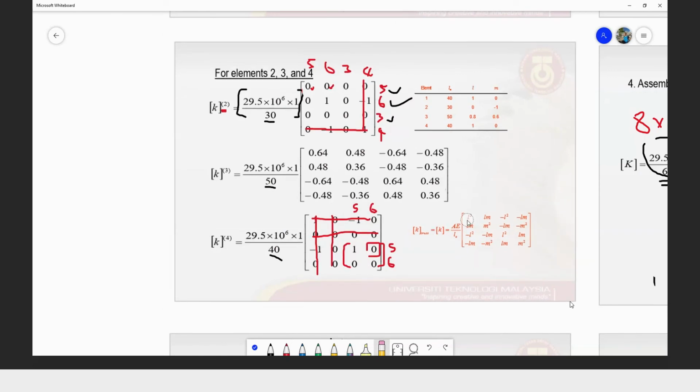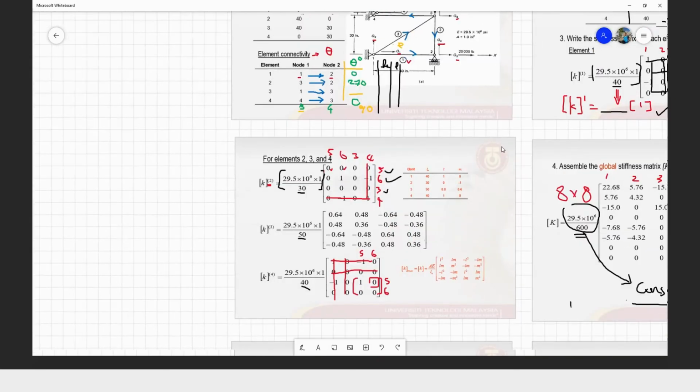Kita just fill up content dalam ni je dulu. Address atau index dia kita boleh kemudian saja. Tapi kalau kita tak tulis, kita tak tahu elemen mana yang kita nak eliminate kan. Sebab kita nak eliminate di awal-awal. Okay, tak apa, kita just tengok. Untuk elemen nombor 3, kita pergi ke sini semula.